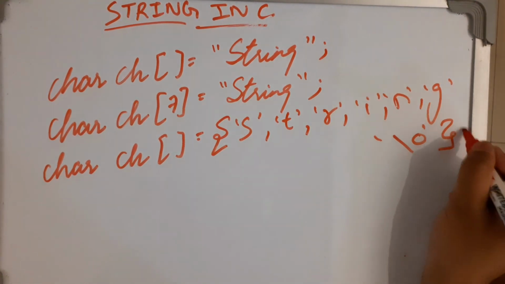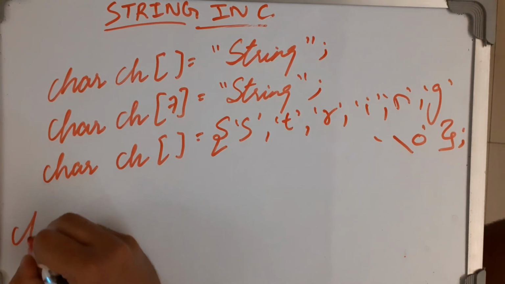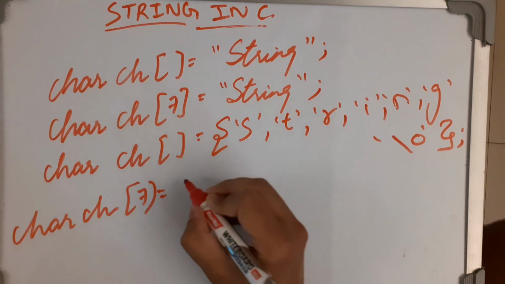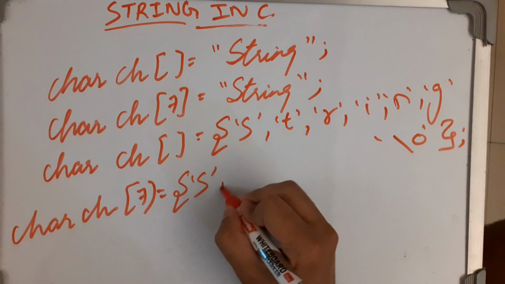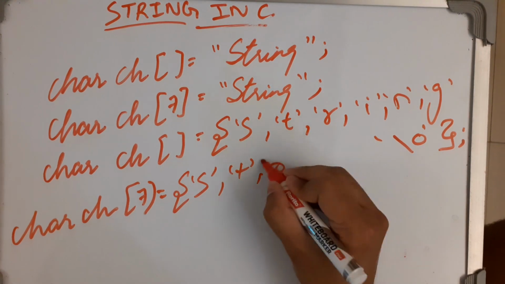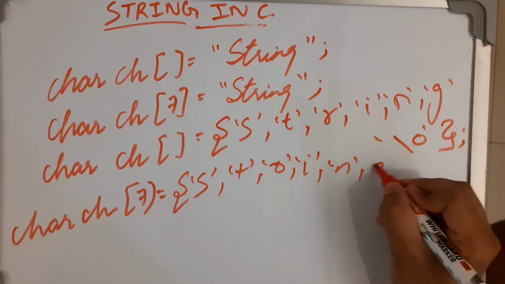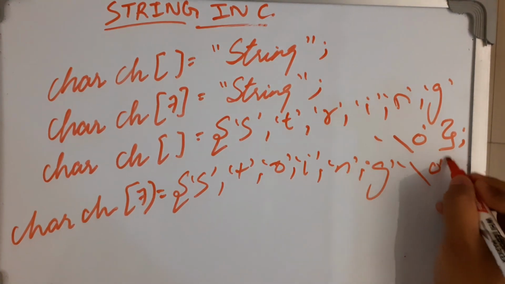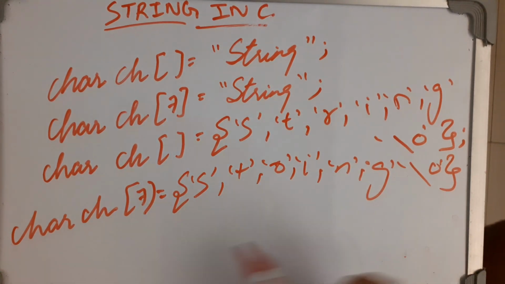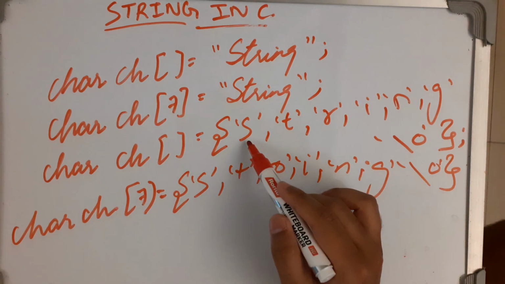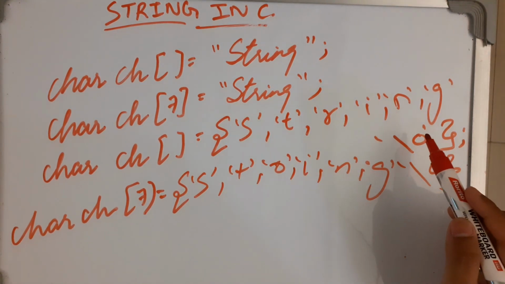This is also an array that ends. And after this you can define size also, like 7, and s, t, r, i, n, g and then backslash 0. These are the 4 ways to define a string, and you already know that it has index values like 0, 1, 2, 3, 4, 5, 6, 7, 8.